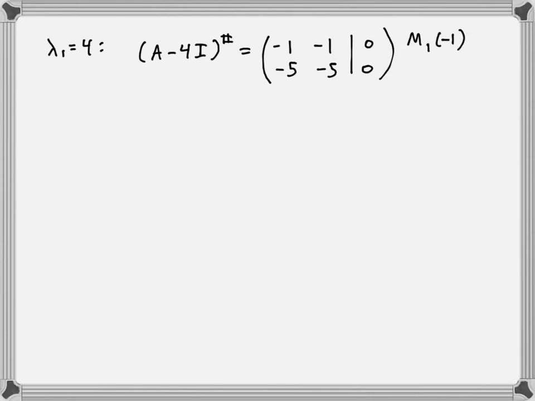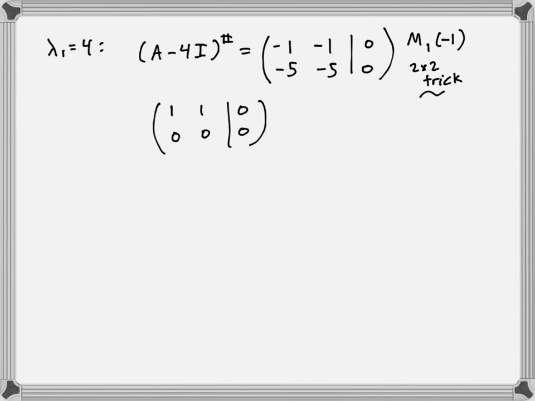I'm going to multiply row 1 by negative 1. And if you recall, we've got what I referred to as the 2 by 2 trick. I know that the bottom is just going to become 0, 0, 0, right? And so we end up with 1, 1, 0, 0, 0, 0. Or you could do negative 5 times row 1 plus row 2, and that'll give you the same answer.